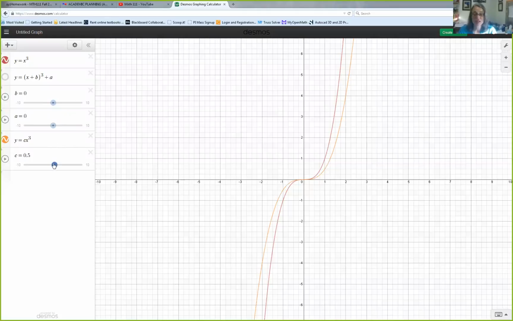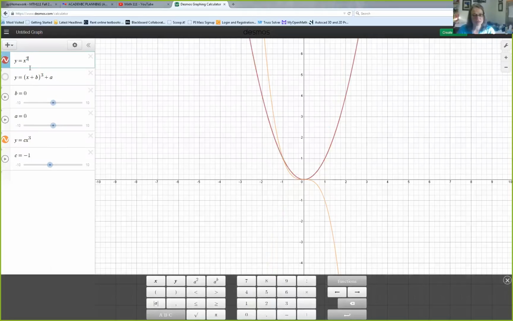Okay. Now what happens if I multiply by a negative number, say -1? Notice what happened. The function actually turned upside down. This might be easier to see with a parabola, so let's go to y equals x squared for a second.